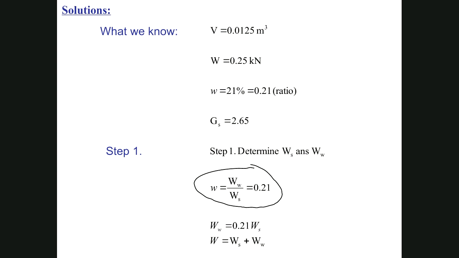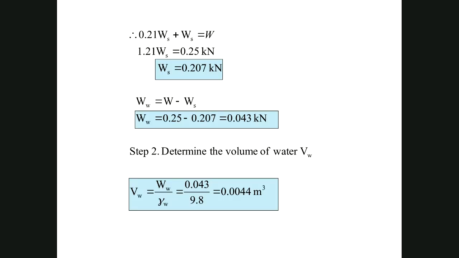And we also know that total weight is equal to weight of solids plus weight of water. We're going to solve this equation, replacing weight of water with weight of solids, and we're going to find that weight of solids is this much.